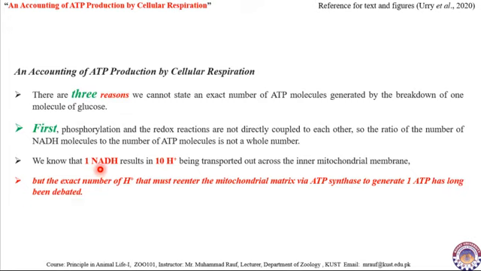Because the NADH molecules enter complex 1 and then their electrons move all the way to oxygen, which is the final acceptor of electrons, in this series of oxidation reduction reactions enough energy is generated to move 10 protons into the intermembrane space. How many protons must enter through ATP synthase to provide enough energy for the synthesis of one ATP molecule is something which is still under debate.